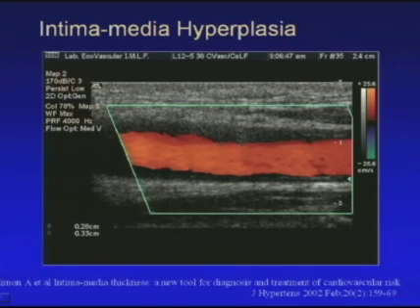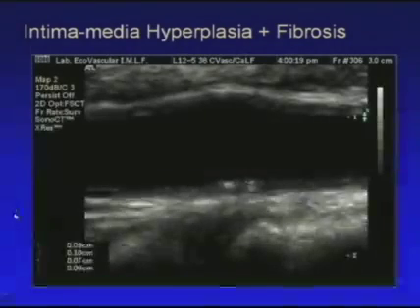Of course, if we see the presence of disease in other places of the vessel, it's important to report it. But the measurements must be done in this centimeter before the bifurcation. And it's important to write this information in our reports.